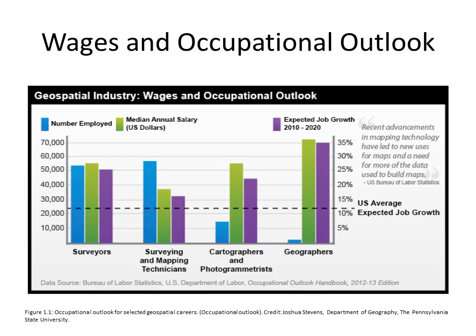This chart is also included in your textbook, and it shows a couple of different things in terms of the future occupational outlook for the geospatial industry from the period 2010 to 2020. First of all, as of 2010, it shows the numbers of surveyors, surveying and mapping technicians, cartographers, and geographers employed in the U.S. job sector.